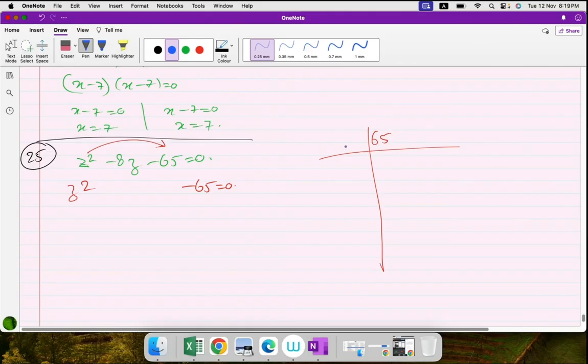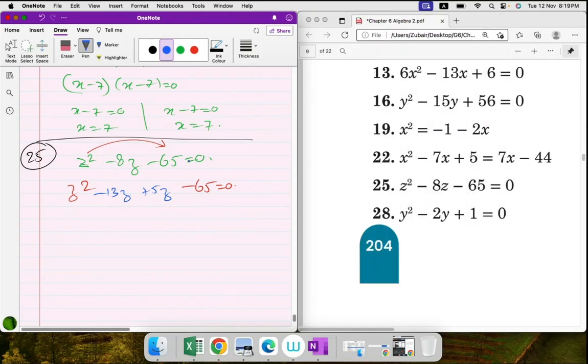If sometimes you get stuck, we can do LCM of this. So 5, 13, 13, 1. So just 5 and 13. Minus 13z plus 5z would give me minus 8, and multiplying them is obviously 65.